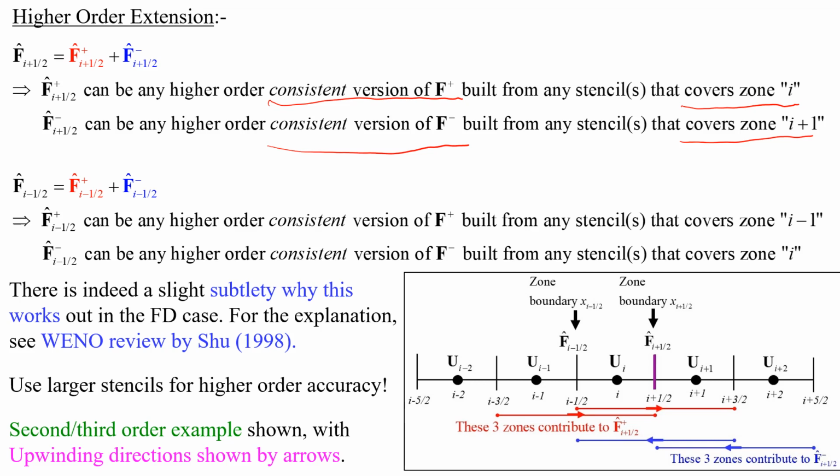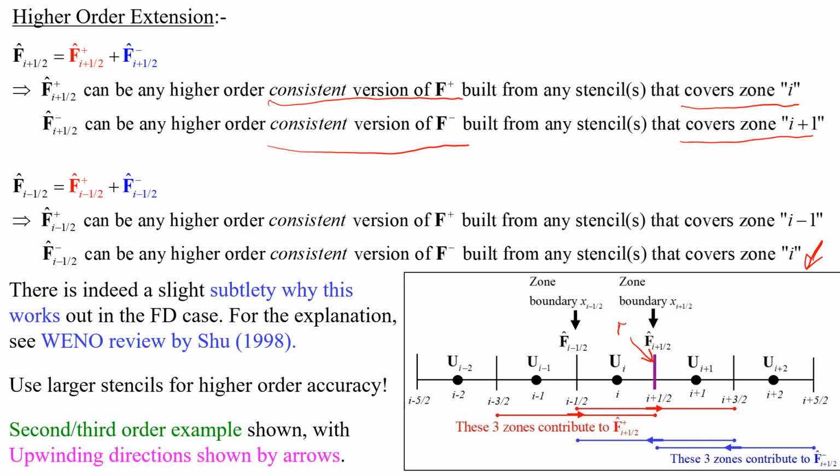So with that, we can imagine doing a higher order extension, and that's shown in this figure. Essentially, zone I is going to contribute right-going F pluses to this zone boundary I plus a half.